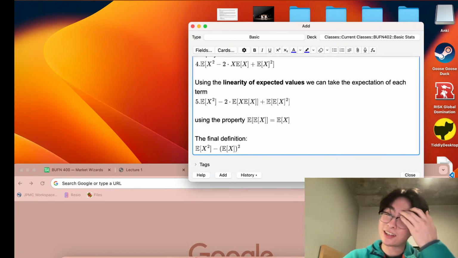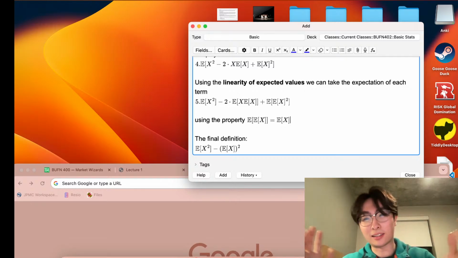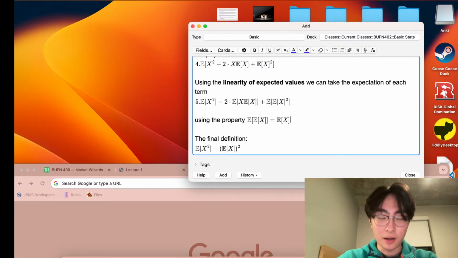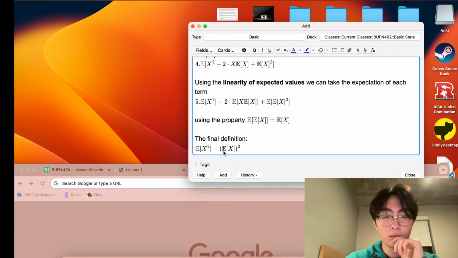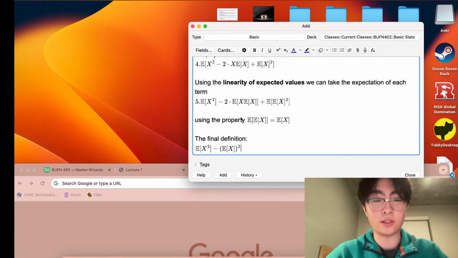I'm a senior in college and I still can't grasp this stuff, but hey, that's why we're here. So my mind's not working.